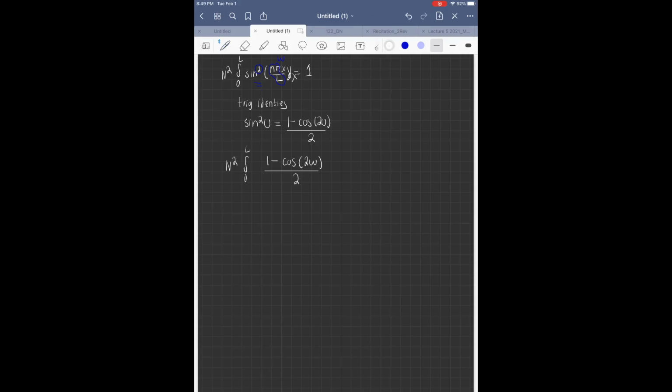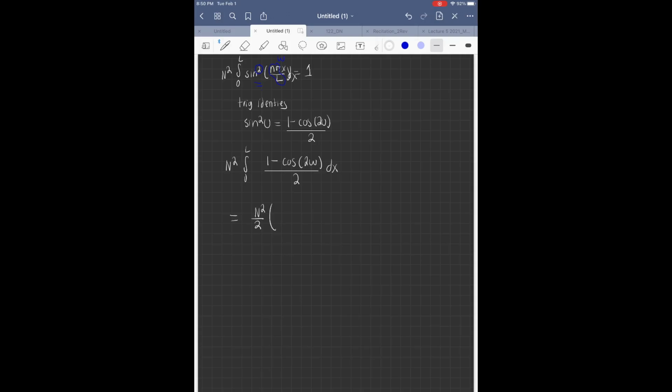All right, so dx. Then to solve this integral, this is equal to n squared, then parentheses. Let's do the 1/2 first. We can simplify to 1/2, so it's much easier.